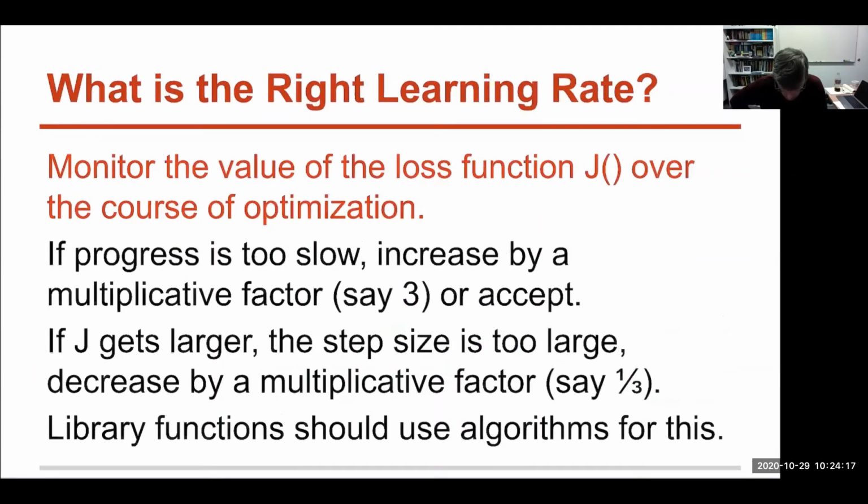So how do you find the right value of that learning rate parameter? I would argue that there are different kinds of algorithms that set that learning parameter. The basic idea behind one of them is to monitor the progress towards the goal. If you are not lowering the value of the error very much after a certain number of iterations, that might be an argument to multiply the learning rate by some constant, let's say 3, or you give up.